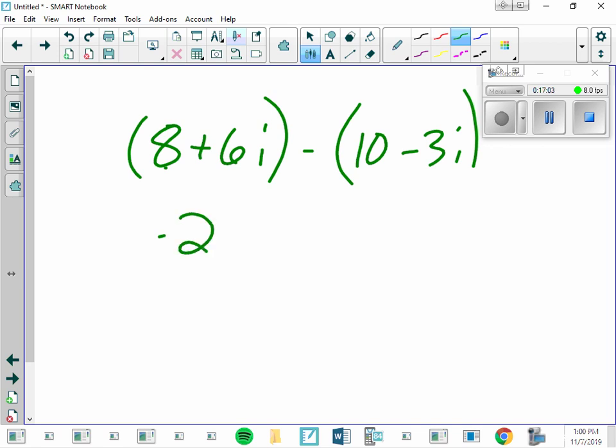Negative 2. How'd you get plus 9? How do you subtract a negative? You add. Does anybody understand why that happens, or have you just memorized it? Just memorized it? So minus a negative is the same as adding, and I get plus 9i.